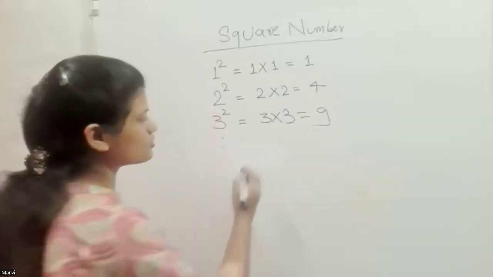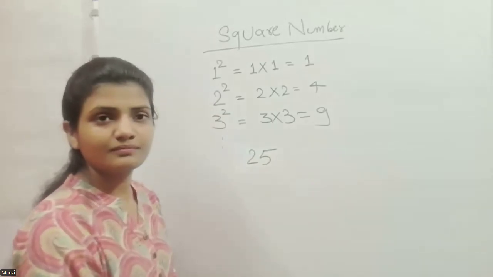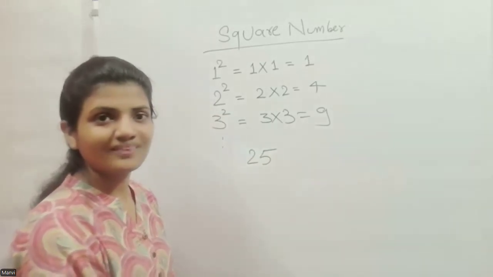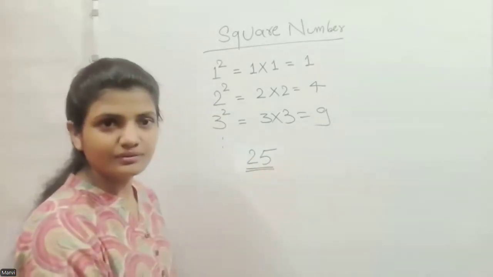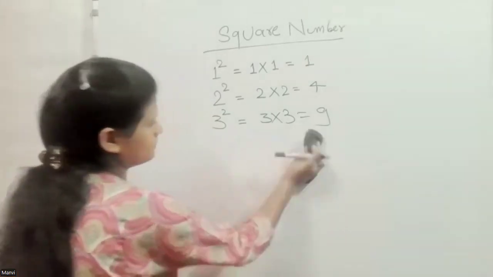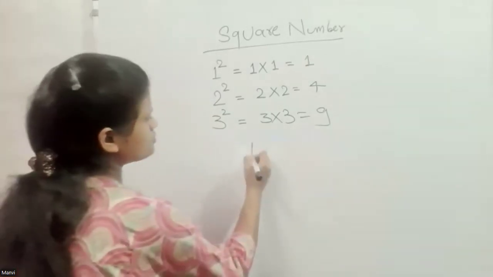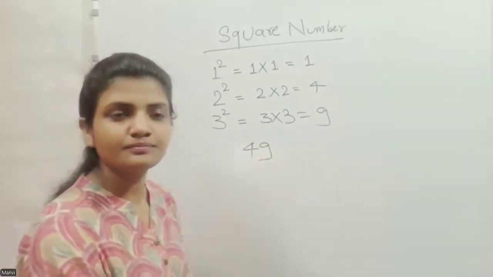So is this 25 a square number? Yes, 5 times 5 equals 25. Very good. So 25 is a square number. Then is 49 a square number?